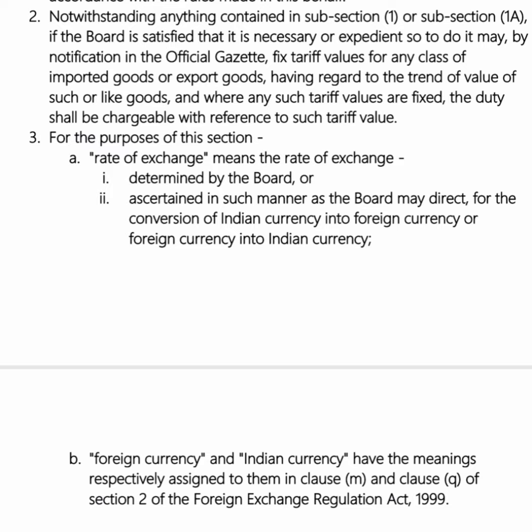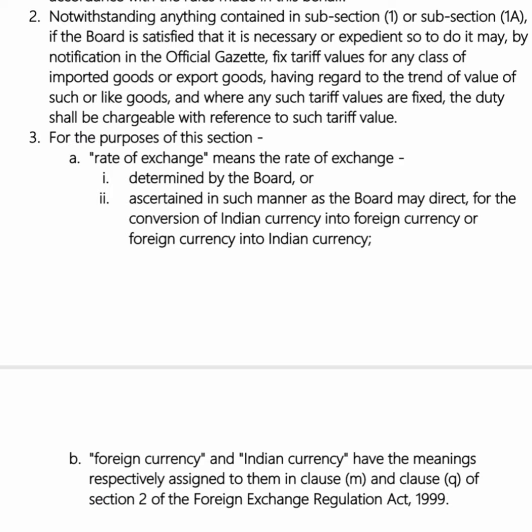Again, the next point here: notwithstanding anything contained in subsection 1 or subsection 1A, if the board is satisfied that it is necessary or expedient to do so, it may by notification in the official gazette fix tariff values for any class of imported goods or exported goods, having regard to the level of values of such or like goods.